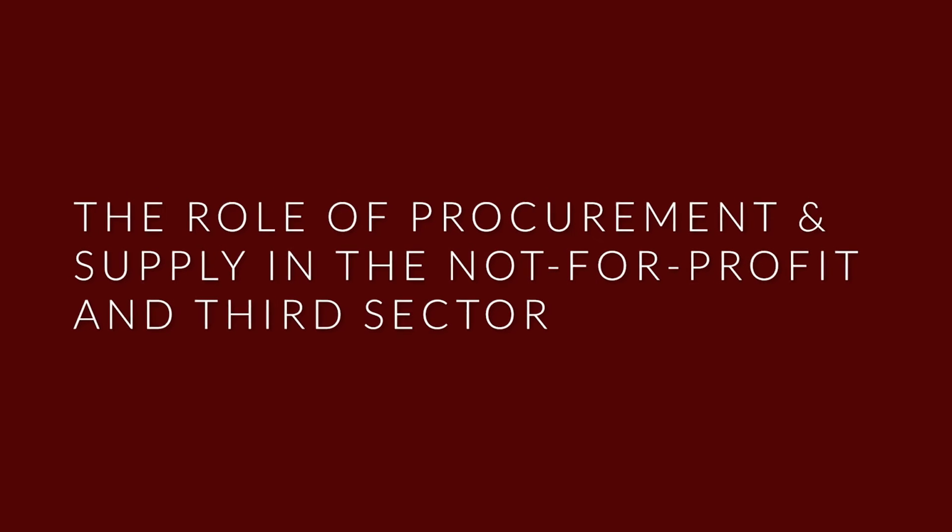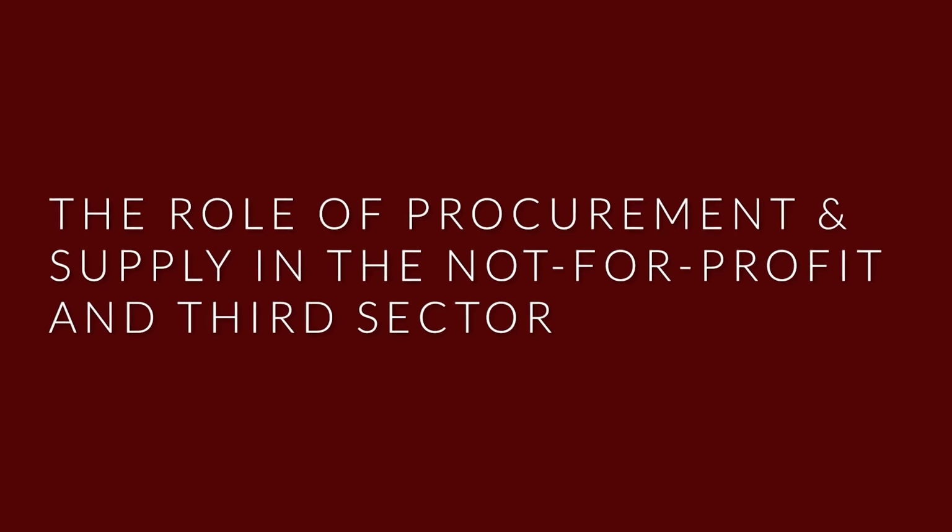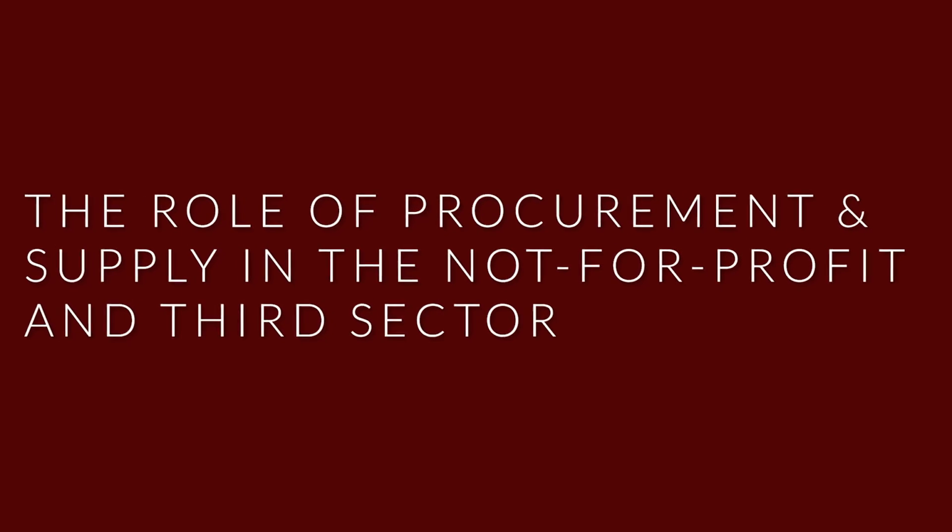Let's talk about the actual role of procurement and supply in the not-for-profit and third sector, because we just defined what those things are and we talked about accountability. So specifically, how does procurement come in? You might assume that if these people are not driven by profit, then the role of procurement isn't going to be that difficult. You'll be surprised.